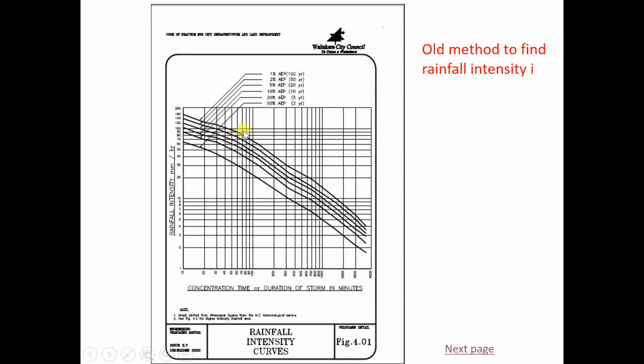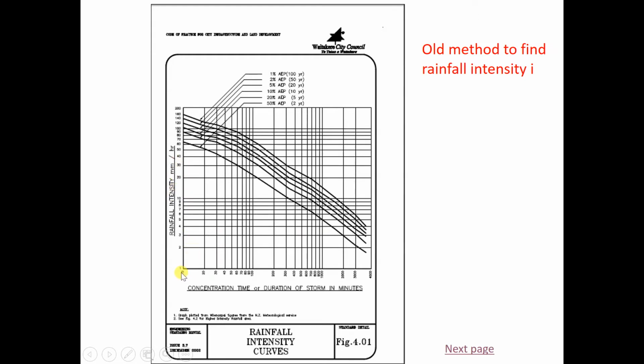The top one will be more severe, you design for a bigger storm. For a major structure, which is more significant, you probably have to go for a bigger event, one in 50 years or 1 in 100 years. So from this curve we can find out the rainfall intensity, millimeter per hour.